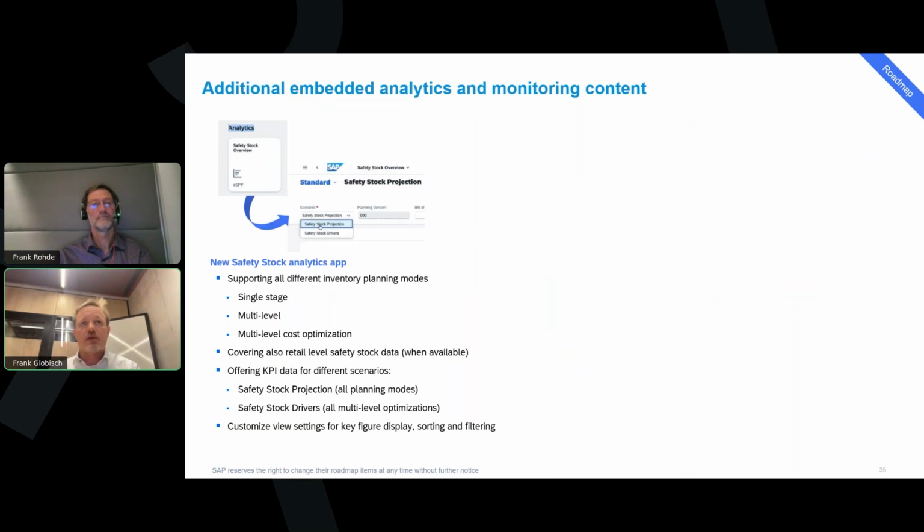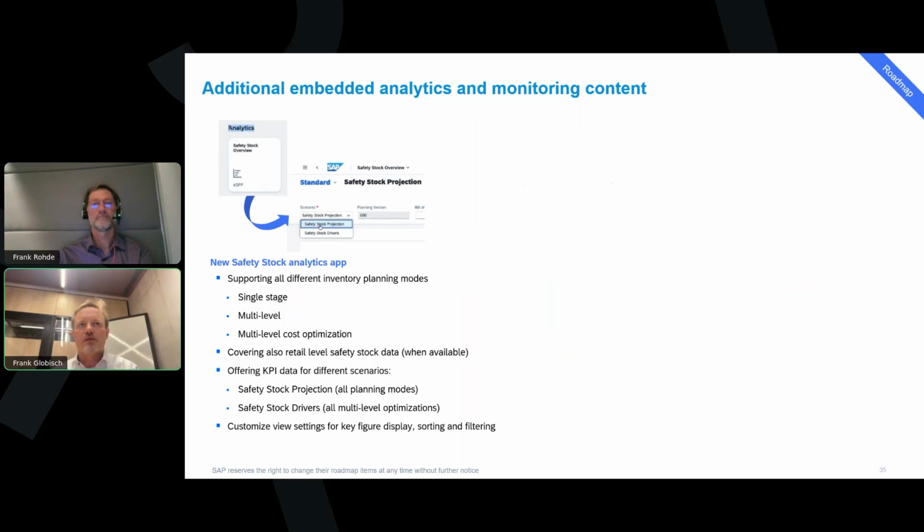Also, it will cover retail level safety stock data if you really use retail level planning. And we distinguish different scenarios, safety stock projection or safety stock drivers, in order to analyze that further.